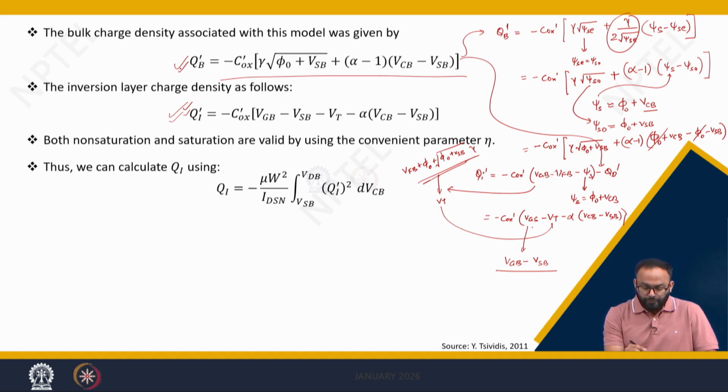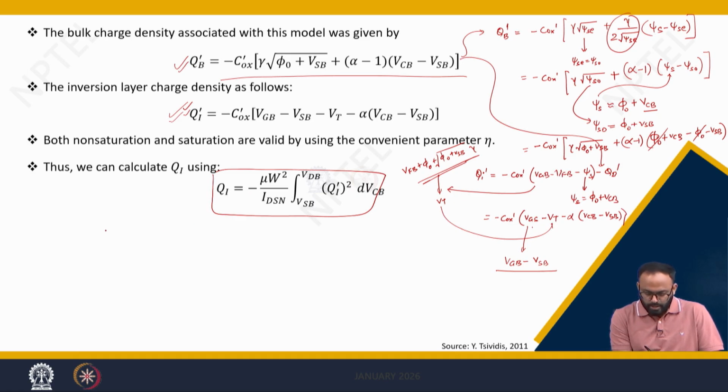Now, if we wish to calculate the total charge, we can use this expression, that is what we had derived earlier, right. So, to use this equation, I can calculate Qi is equals to minus mu into W square divided by IDS into integration VSB to VDB into Qi square.